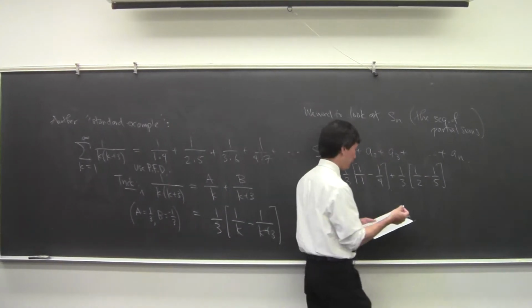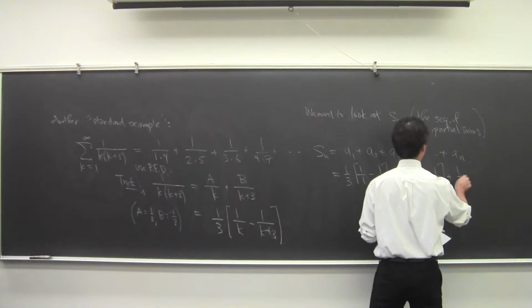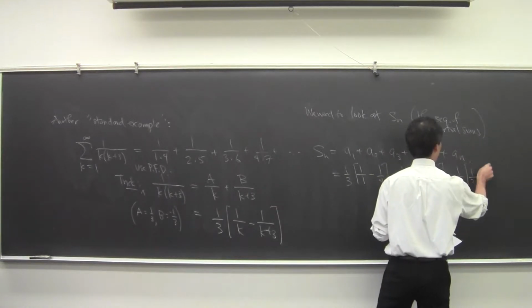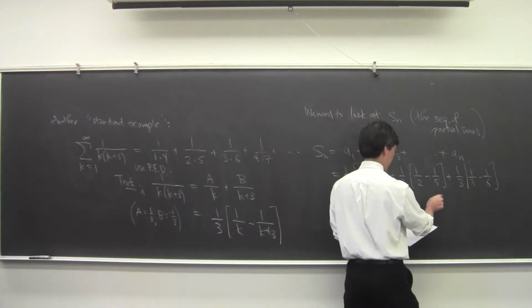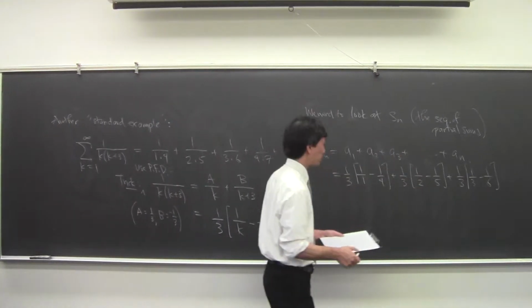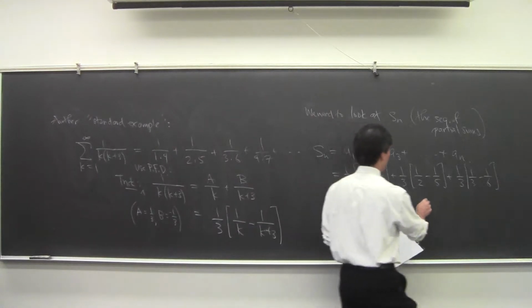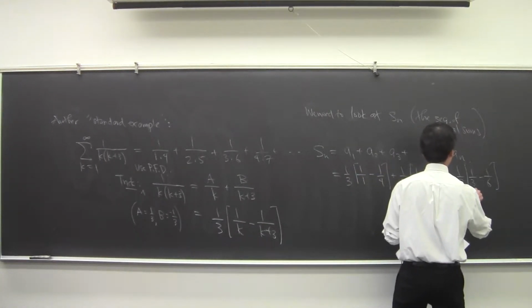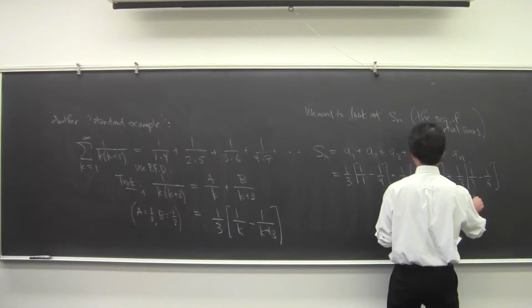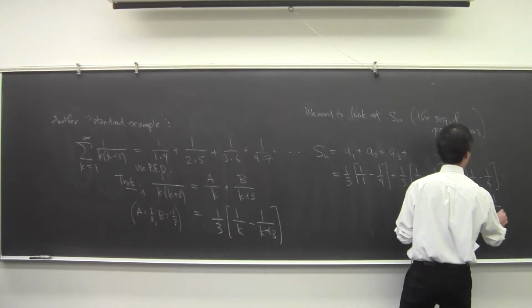A3 is going to be 1/3 of 1 over 3 minus 1 over 6, and so on and so forth, up until 1/3 of 1 over n minus 1 over n plus 3.